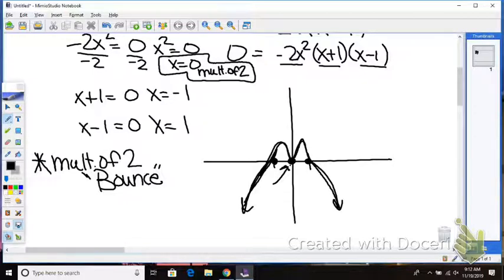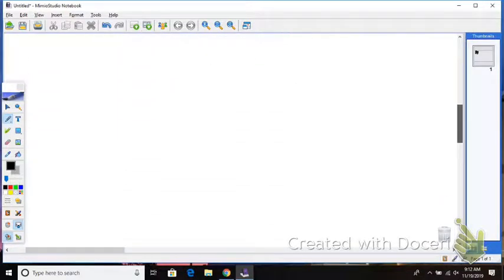Okay, so let's do another one. Oh, this one does have multiplicity. Oh, it's going to be of 3, so it's not going to be as fun. Okay, so let's do this one. F of x equals 3x to the 4th minus 4x to the 3rd.